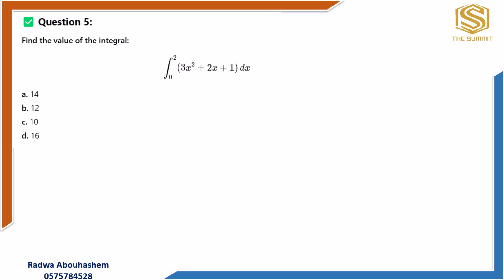Okay, here is a definite integration. So the first step, I'll just take the antiderivative as usual. Let's take it. Here it would be 3x power 3 over 3 plus 2x power 2 over 2 plus 1x. Now let's simplify.